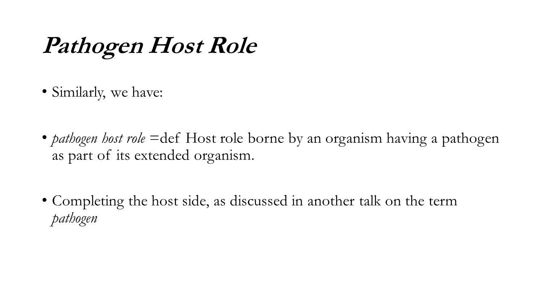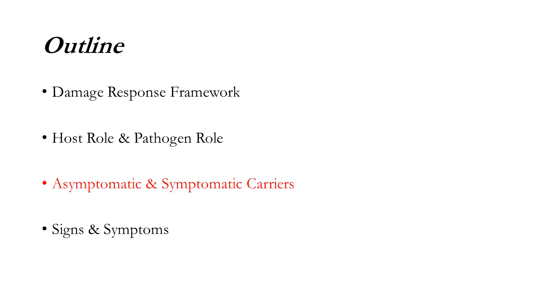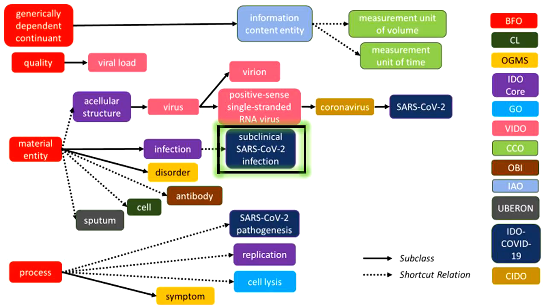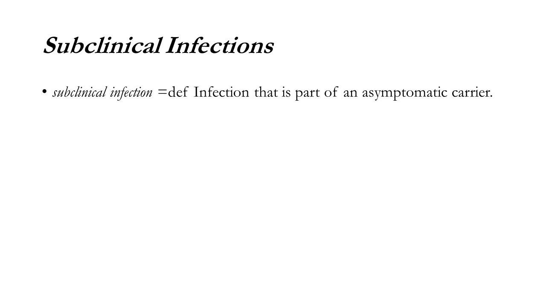We're following this RDF conceit. We also have room to think about asymptomatic and symptomatic carriers. These are going to be hosts because we want to be able, in the IDO COVID-19 and Vido and other ontologies, to talk about subclinical infections. This is coming up a lot with SARS-CoV-2 and COVID-19. So we need these terms, right?